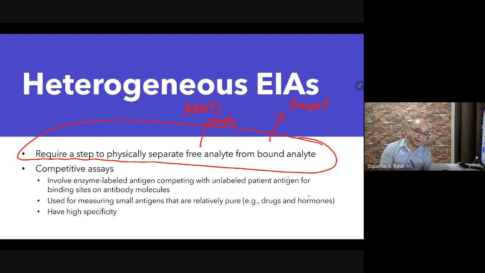When we say bound analyte, it is the enzyme-labeled analyte. Heterogeneous enzyme immunoassay, therefore, will also use the principle of competitive assay. So this is now our second scenario wherein we are discussing competitive assay. By now, you have the idea of what I mean.